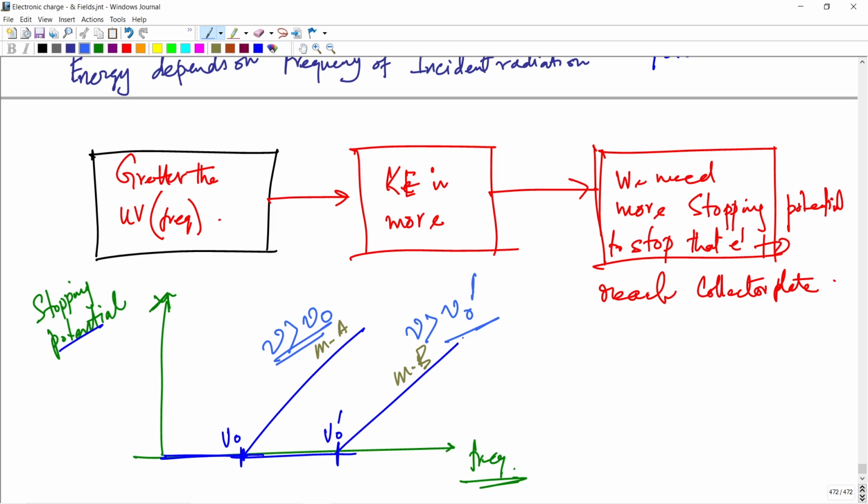So that's why you get some stopping potential here. We need more stopping potential to stop that. The graph actually represents stopping potential.